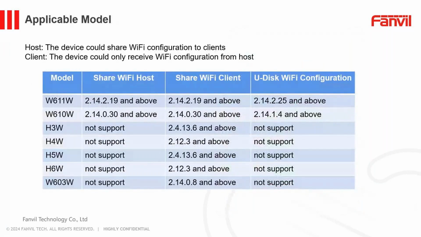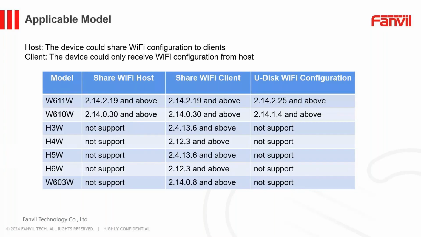Before we go through the examples and options that we have on our phones, let's see which models support Wi-Fi sharing and which models support the U-disk, and their firmwares. The models that support Wi-Fi sharing are the W611W and W610. Other models do not support this feature.